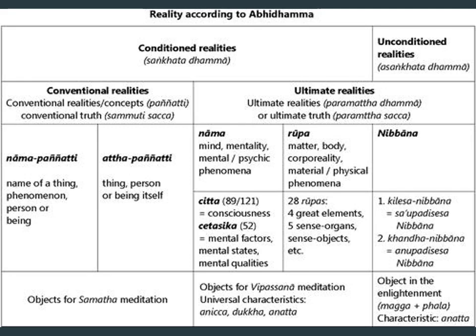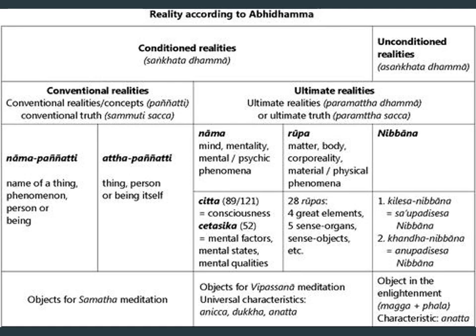Now, consciousness consists of 1 class of dhammas with 89 or 121 modes or types, depending on which framework we use. Let's consider the 89 modes first, all right? Of the 89 modes, 81 are varieties of mundane consciousness found in the 3 realms, as follows.